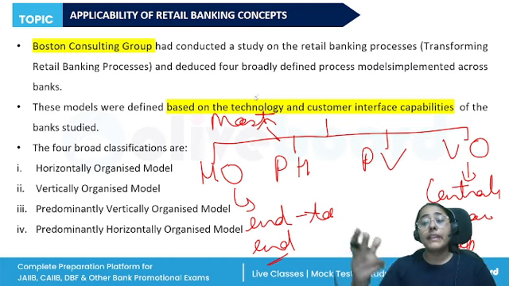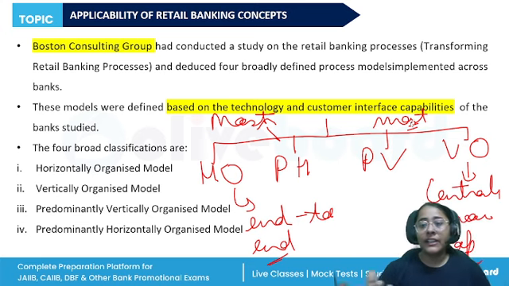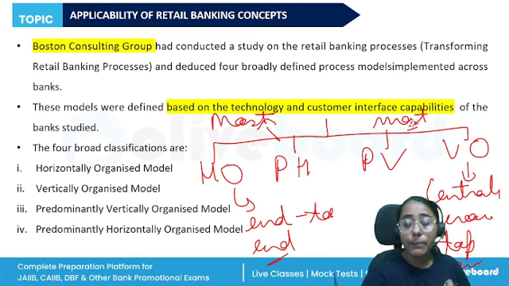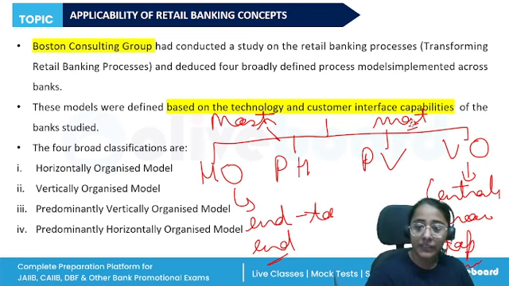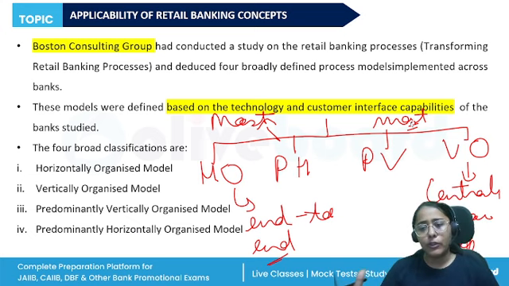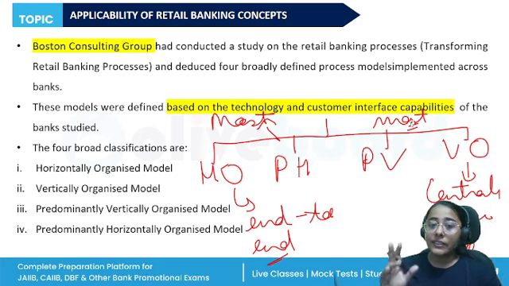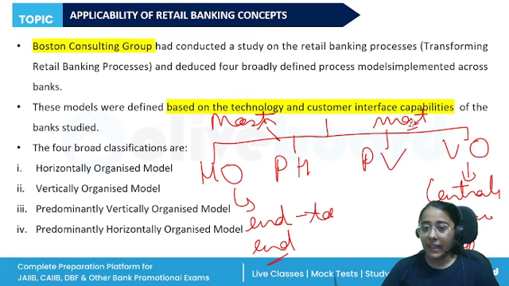Predominantly vertical means for most of the products, common information will be there, while for some of them a unique process will be followed and information gathered uniquely. For example, if we are providing taxation services or will writing services, these are individual, personalized information. Other than that, for most of the products common information is there. So this is how the four models are classified.